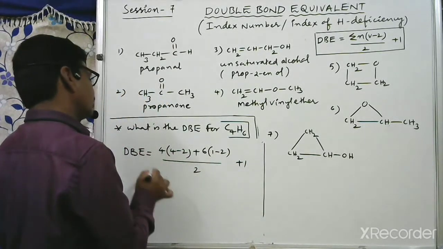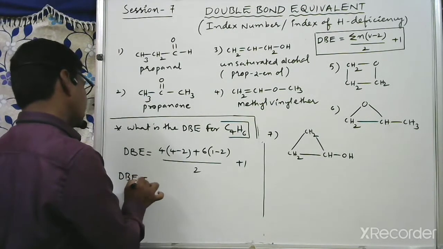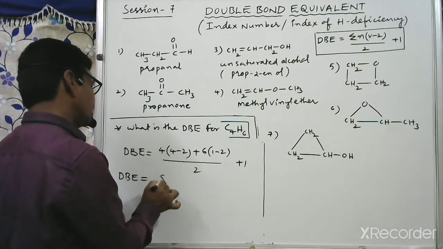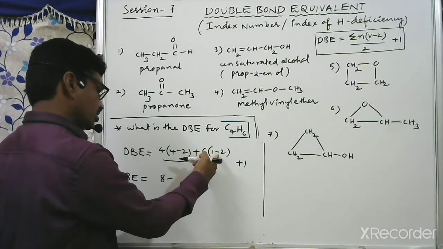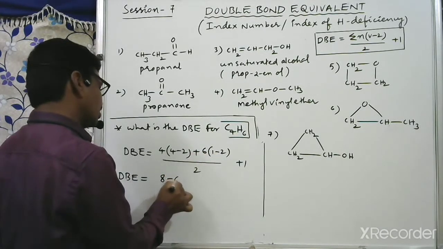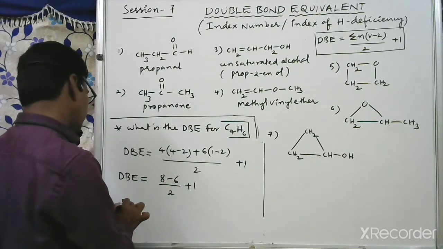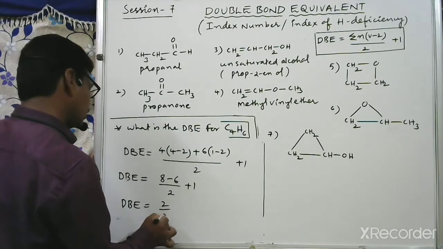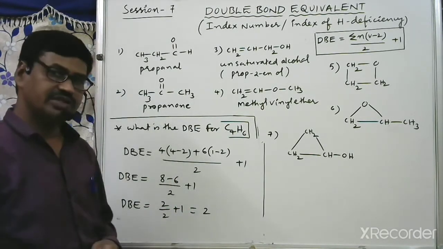So 4 into 4 minus 2 means 2 into 4, 8, minus 6 into (1 minus 2), this is minus 1, so minus 6, by 2, plus 1. So DBE equals 8 minus 6, 2, by 2 plus 1, it is nothing but 2. You got double bond equivalent equal to 2.